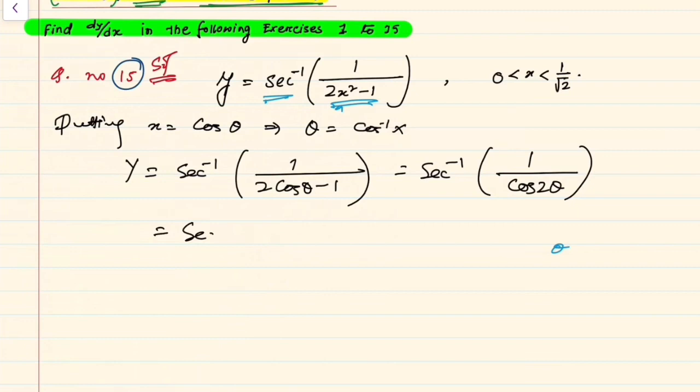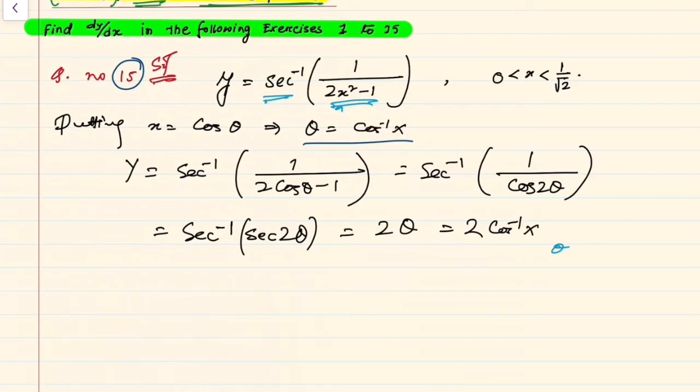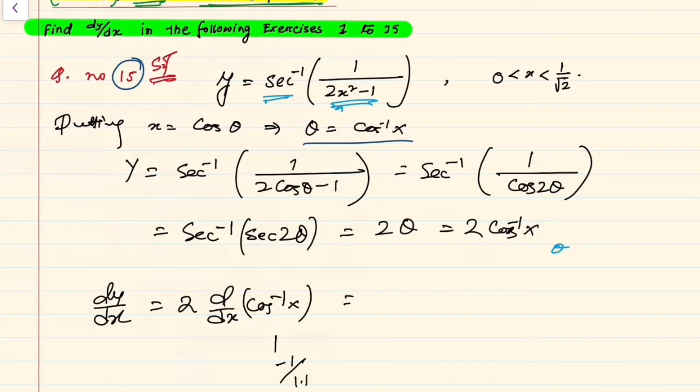So sec inverse of sec 2 theta is equal to 2 theta, and replace theta by this value, cos inverse x. So dy by dx is 2 times the derivative of cos inverse x, and the derivative of cos inverse x is minus 1 by root over 1 minus x square. If you multiply this with 2, you will get minus 2 by root over 1 minus x square. So this is our answer.